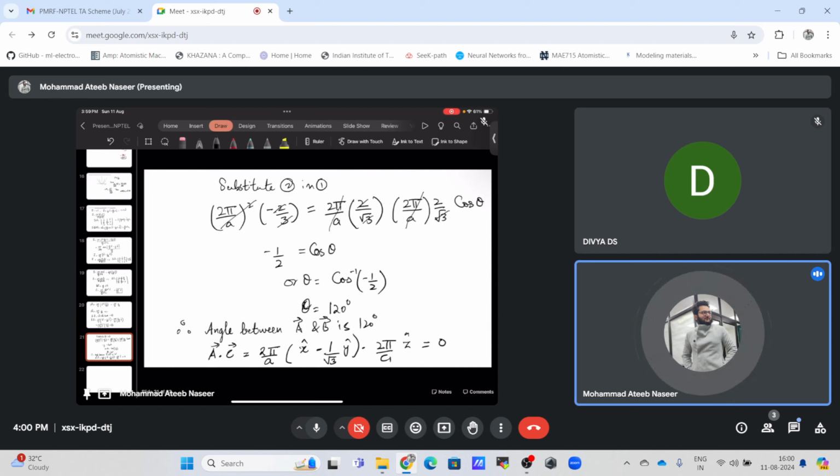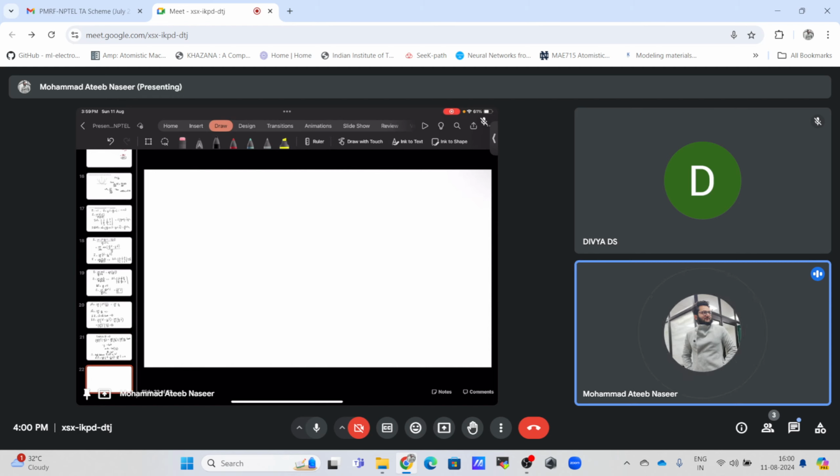So the angle between reciprocal lattice vectors A and C is 90 degrees.